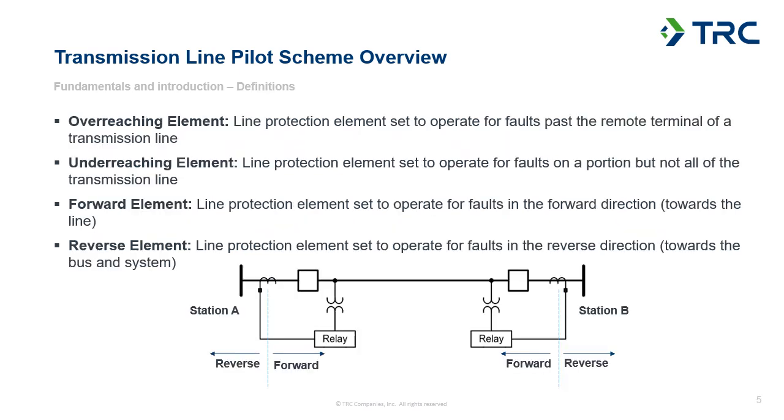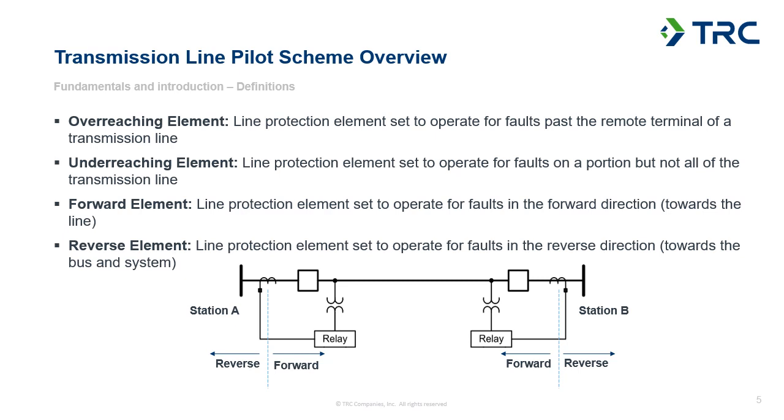So I also wanted to highlight some of the definitions that we talked about when we talk about pilot schemes and the protection elements we're using within these schemes. We're going to be using a lot of the same terminology we did on the step distance scheme, where we'll be looking at overreaching and underreaching elements, elements that are set to either look past the end of the line or set in a way that we can be sure that they're not going to reach the end of the line. And we'll really be doing a lot more with forward and reverse elements.